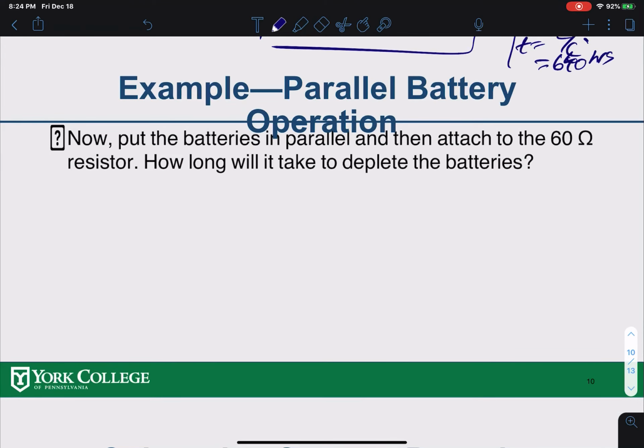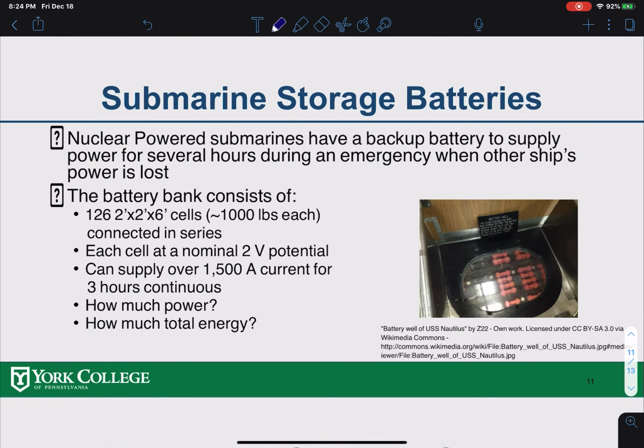This is basically what I have done right here. And for the submarine battery, a submarine has a big pack of batteries. Let's say those batteries can supply up to 1500 amps for 3 hours continuous.